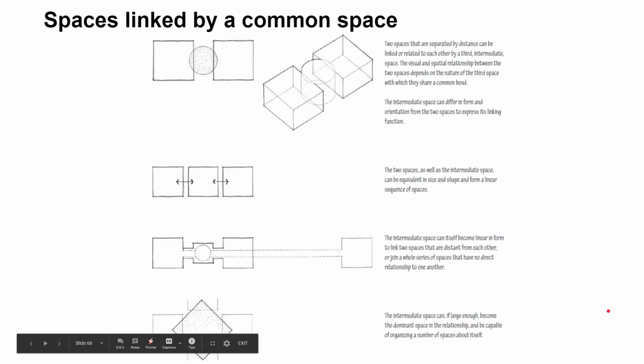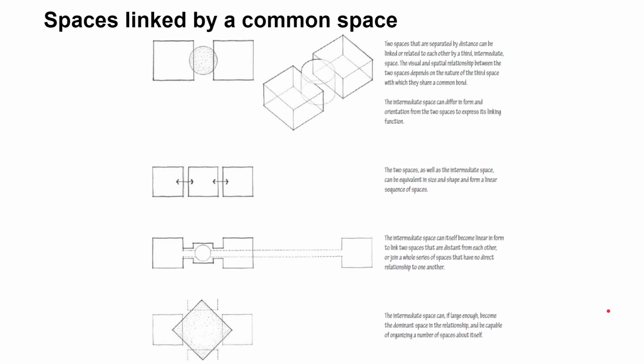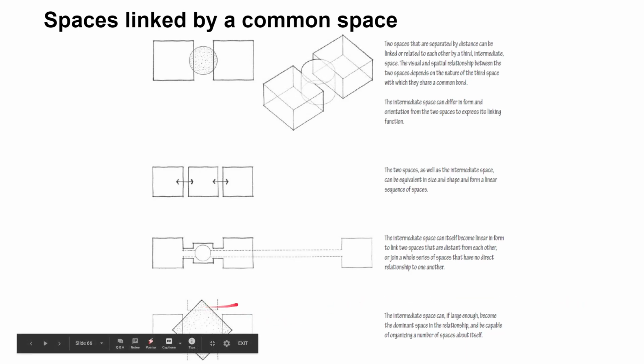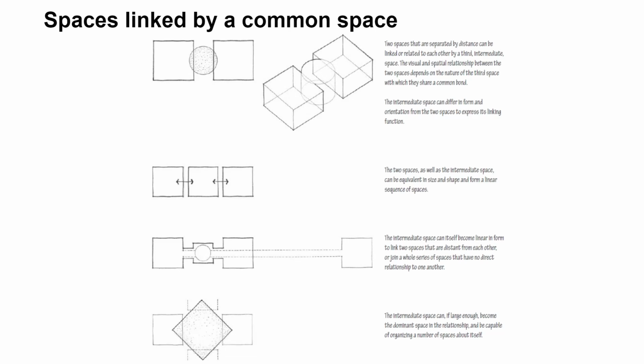Lastly, the intermediate space can, if large enough, become the dominant space in the relationship and be capable of organizing a number of spaces about itself. A good example would be to have this in a landscape approach.